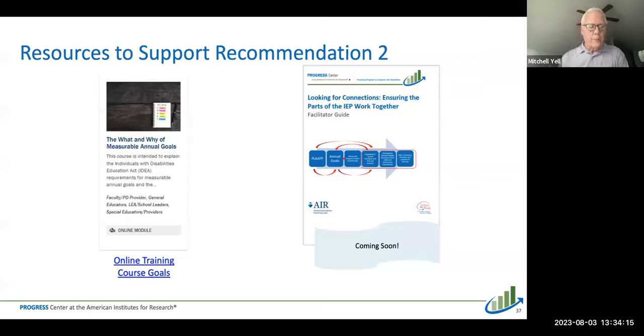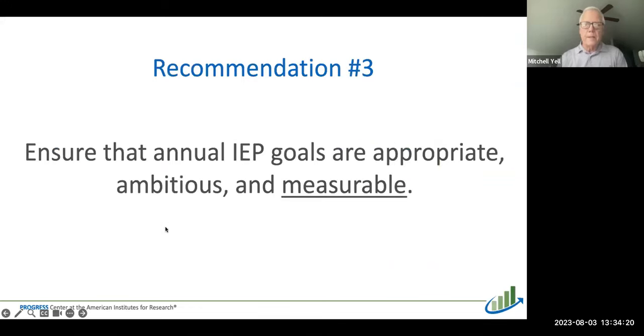Excellent. Now, recommendation 3 is to ensure that the goals themselves are appropriate, ambitious, and measurable. We underline measurable because when I started teaching, we just had to write goals in IEPs. Now, as of 1990, we had to write measurable goals. You have to be able to write them and then measure them, and you even have to say how you're going to measure them.